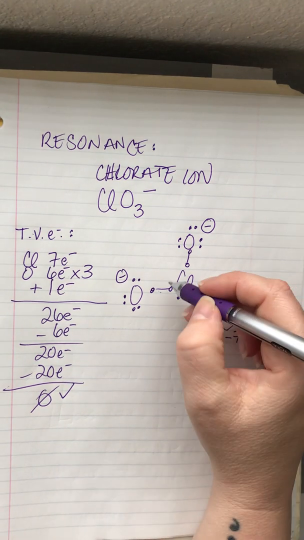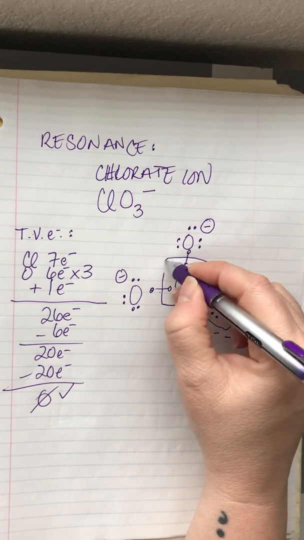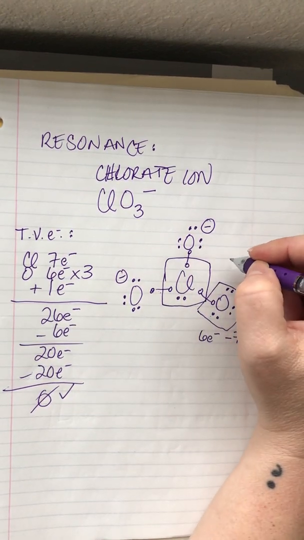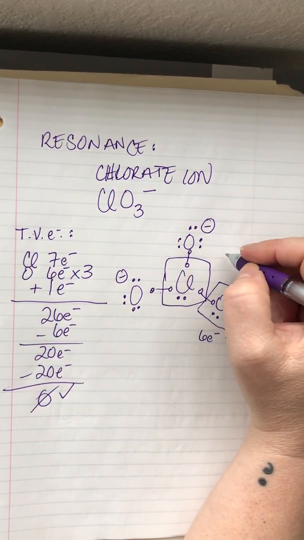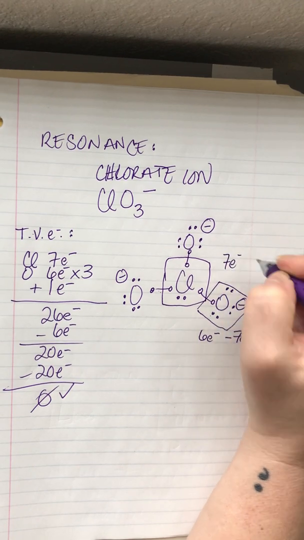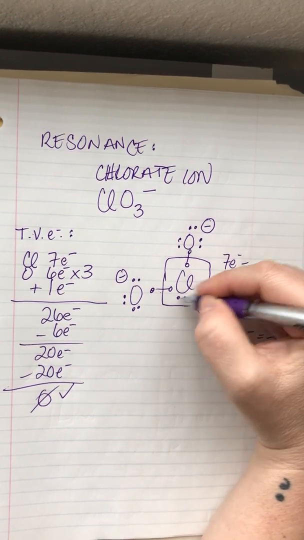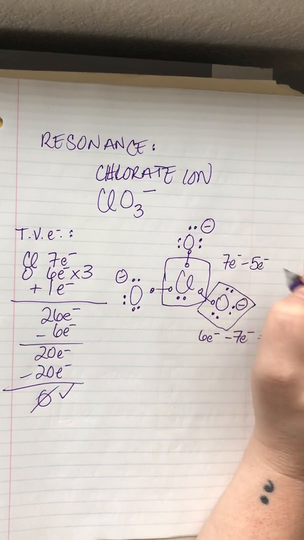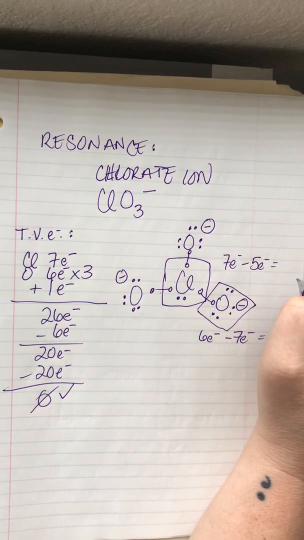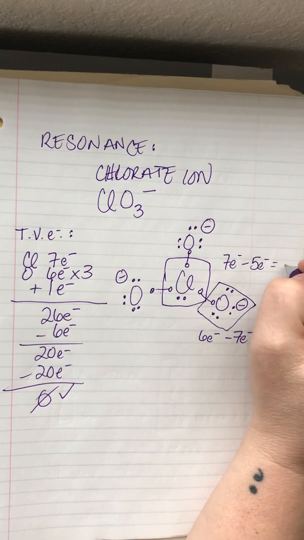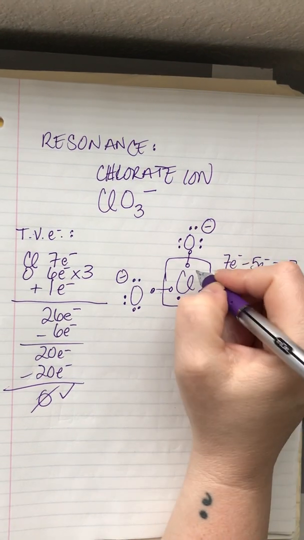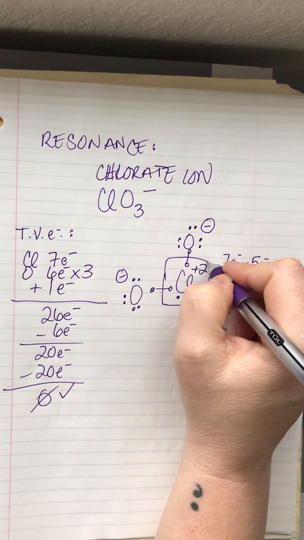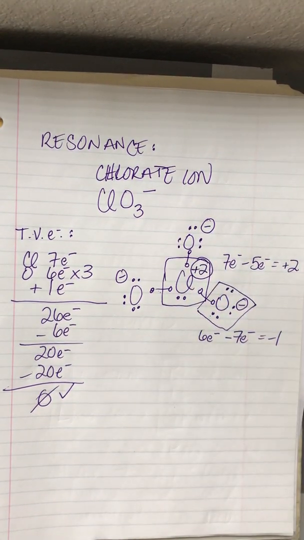So now chlorine came to the table with how many electrons? 7. And how many does it have around it here? 5 electrons. So what's the charge on chlorine? +2. So, is this charge minimized?